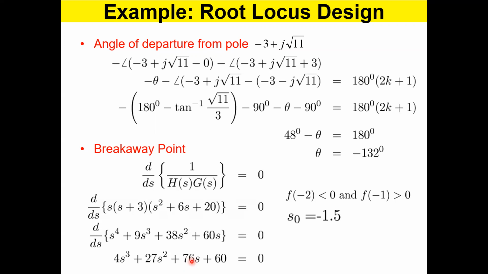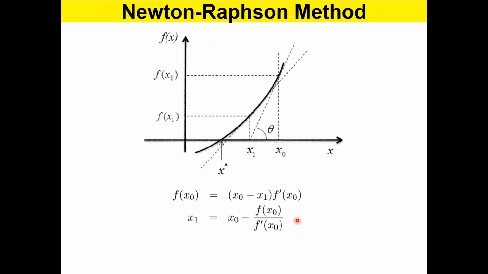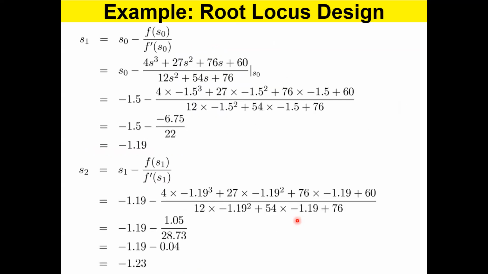So use the function and its derivative, and the start point S0 is minus 1.5, and then calculate S1, the next point. You can do the iterative process until you converge to the actual solution of the function. So this is how it works.